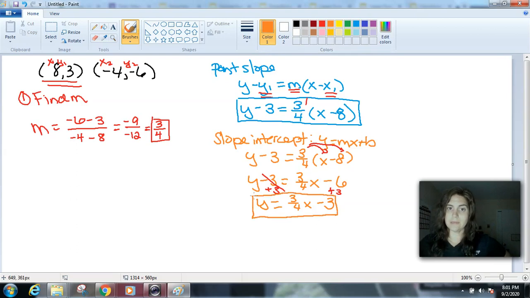So if I needed to write something in that format, easy, I'm done. The last one I would possibly have to write in would be standard. Actually, let's do it up here. Standard is ax plus by equals c. So it's getting all your variables on one side. So I'm going to take that slope-intercept form that I got.